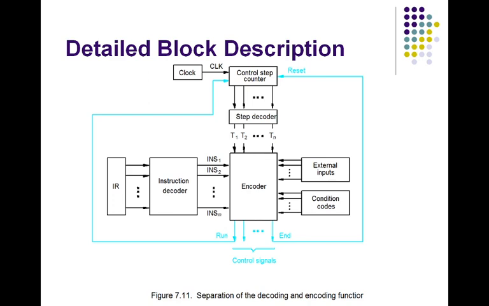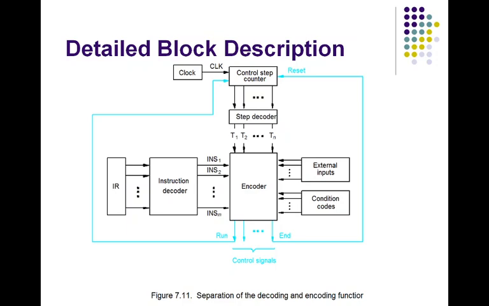Here we have separated the decoder and the encoder block. The step decoder provides a separate signal line for each step or time slot in the control sequence. Similarly, the output of the instruction decoder consists of a separate line for each machine instruction. For any instruction loaded in the IR, one of the output lines, INS1 through INSM, is set to 1 and the other lines are set to 0.